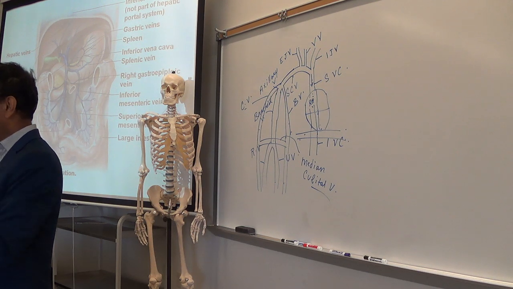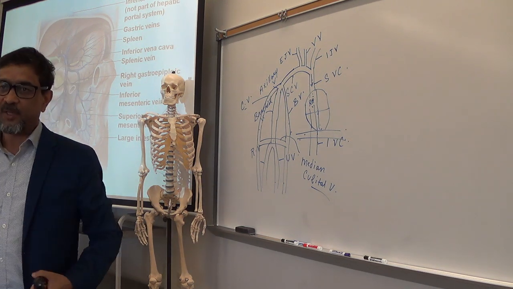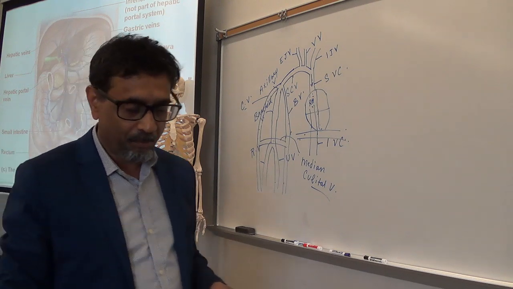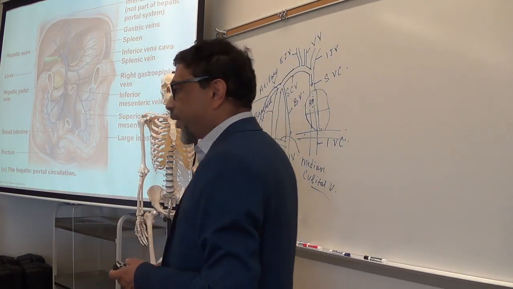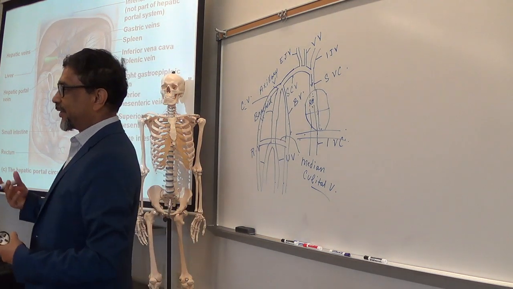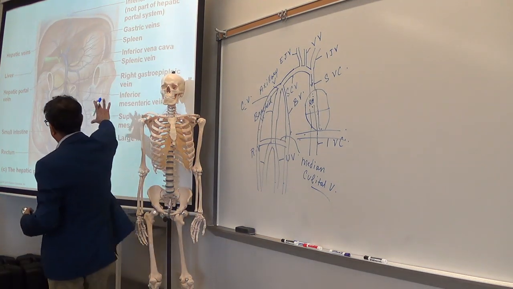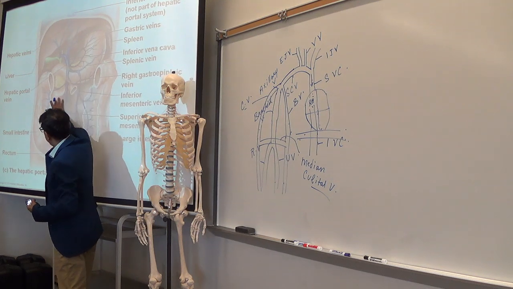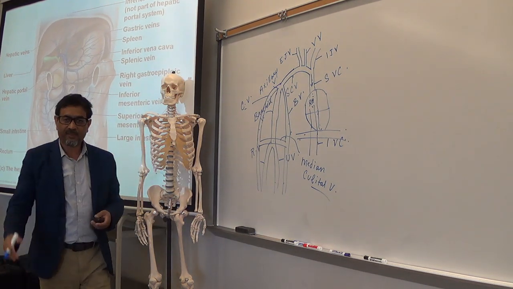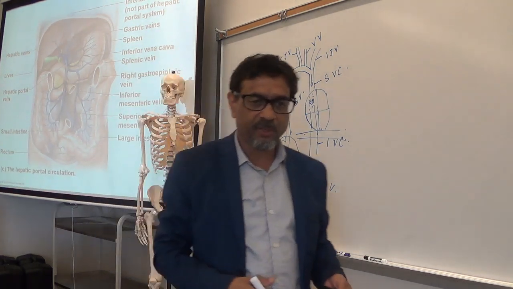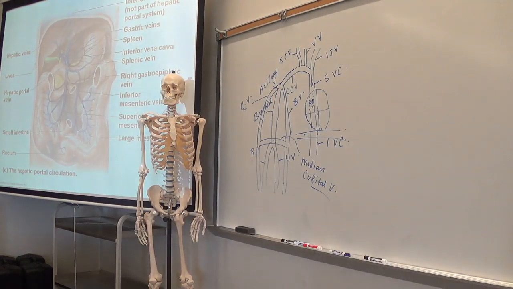That's why nutrient-rich blood is taken to the liver. So if I ask you about hepatic portal circulation, this is the circulation: nutrient-rich blood from the stomach and intestine is taken to the liver. That's the hepatic portal circulation between the GI tract and the liver.